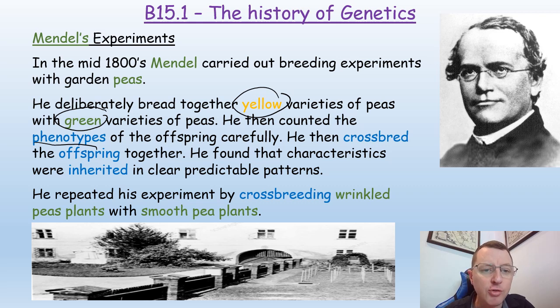He then crossbred the offspring together and he found that the characteristics were inherited in clear and predictable patterns. He then repeated his experiments by crossbreeding wrinkled pea plants with smooth varieties of pea plants. And again, he came to the same conclusion that the characteristics were inherited in clear, predictable patterns.